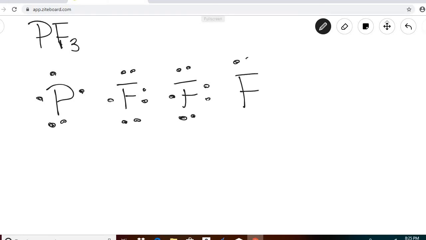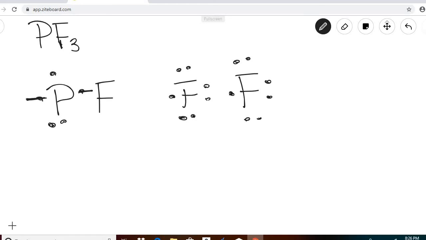So each fluorine is going to have 1 unpaired electron, and there are 3 places on the phosphorus that have unpaired electrons. So we'll just pair up each of those fluorines with one of the unpaired electrons on the phosphorus.